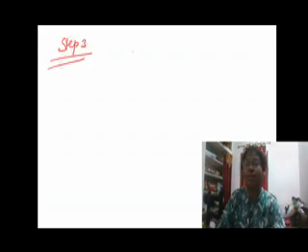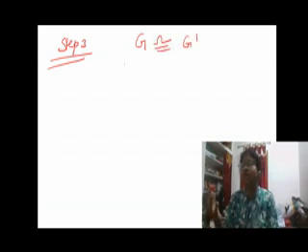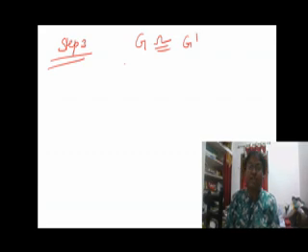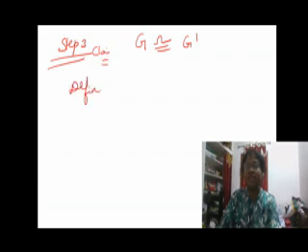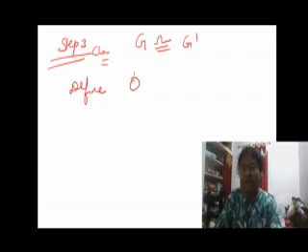So now we are going to finish this theorem, that is, we are going to prove that G is isomorphic to G dash. G is basically a finite group. G dash is the group of permutations that we have constructed from G. In order to prove that two groups are isomorphic, I'm going to define a function. Since we have already used f, let it be phi. I'm going to define a function from G to G dash.